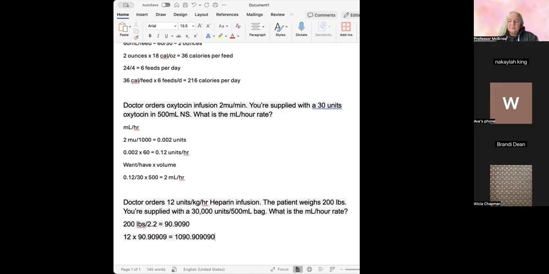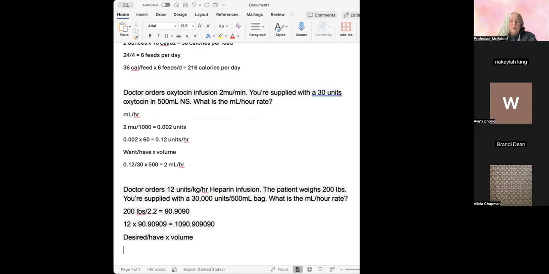From here, I know my dose, and I will come back to desired over have, or want over have, times volume. And so what we want is this 1090.909090 number.